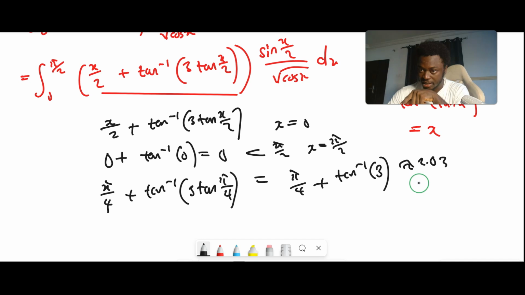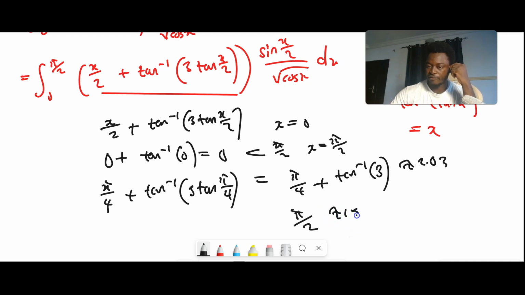What about the case of pi over 2? Pi over 2 is approximately 1.57. So you see that this argument is bigger than pi over 2 at some point, because when x was 0, it was less than pi over 2.